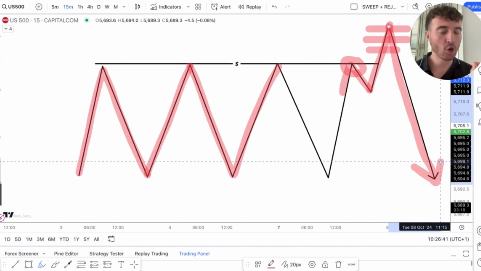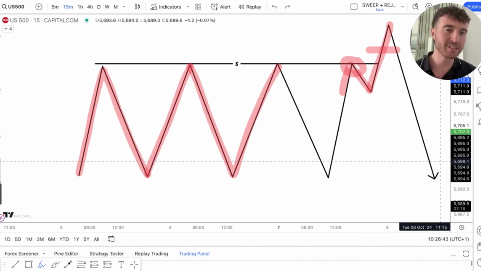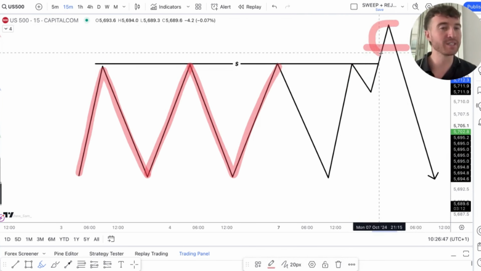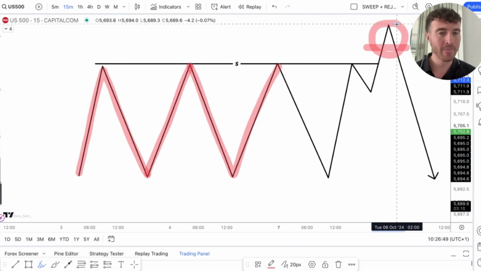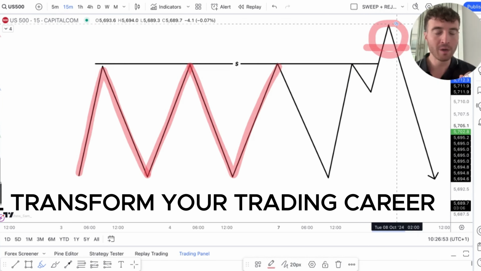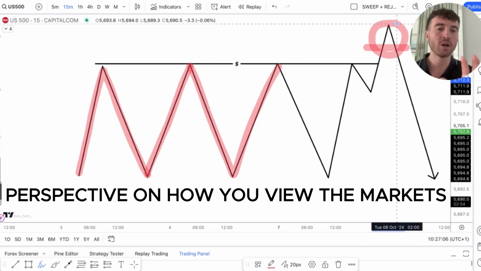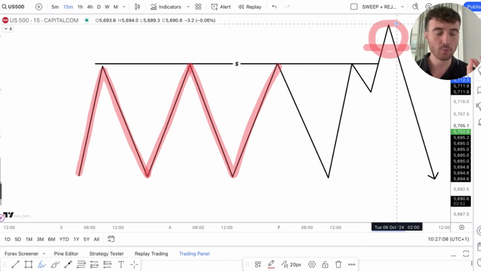You see, a lot of traders don't understand this, and they don't wait for this run on liquidity right here. Just this thing alone will transform your whole trading career. Just waiting for the run on liquidity will transform your whole perspective on how you view the markets. So please do bear that in mind.